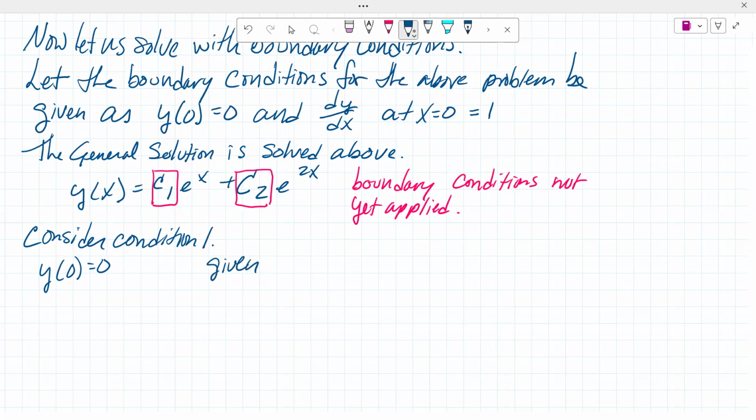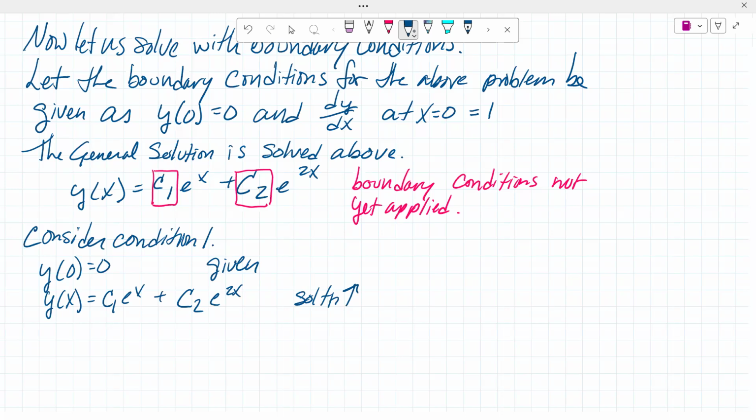Now we also have our solution from above: y of x equals c1 e to the x plus c2 e to the 2x. Now what we're going to do is substitute in.